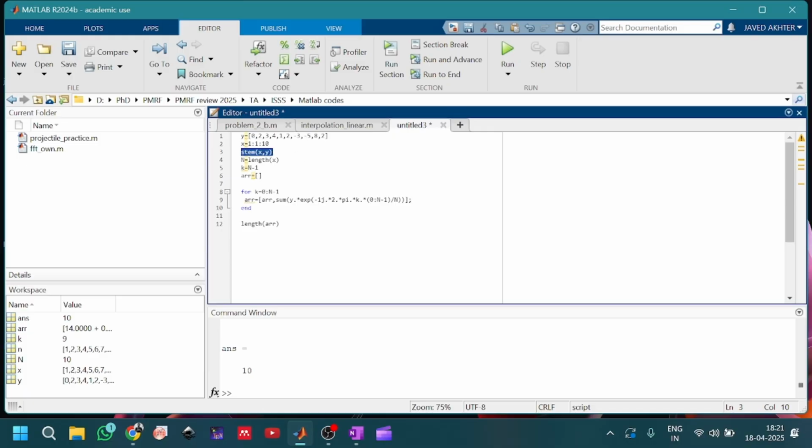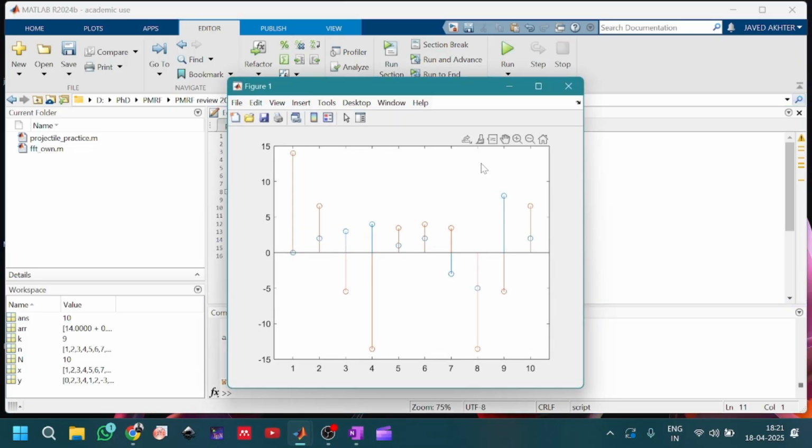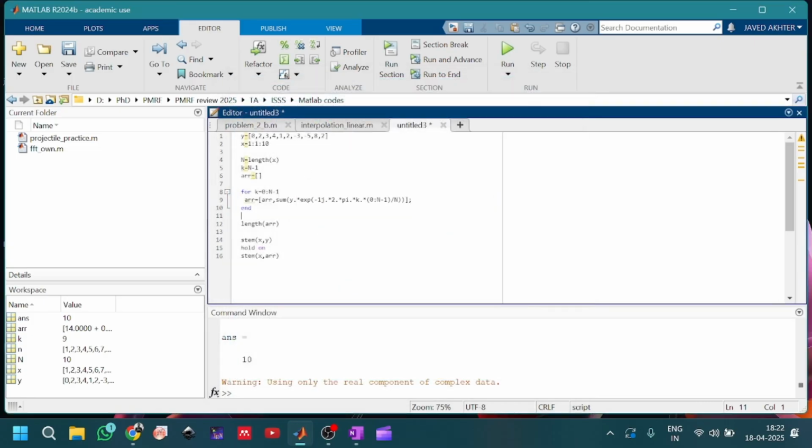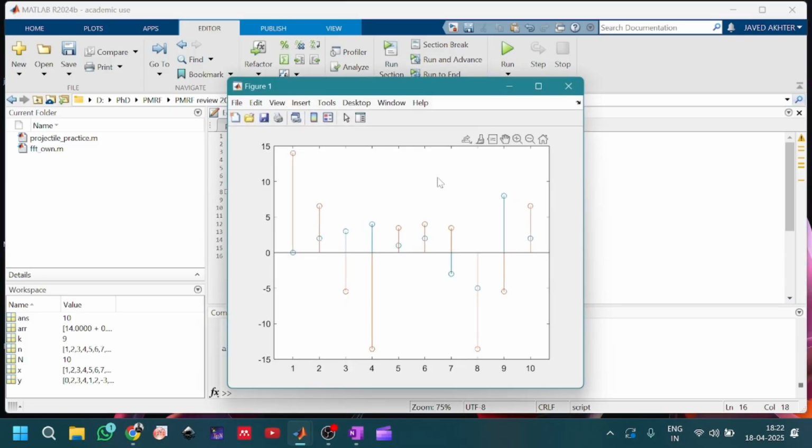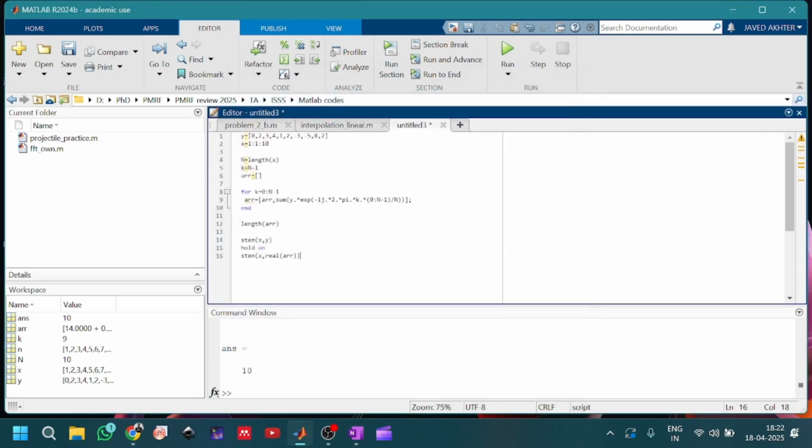Okay, so if I write down the real, it will plot the real part, and then I can also plot the imaginary part also.